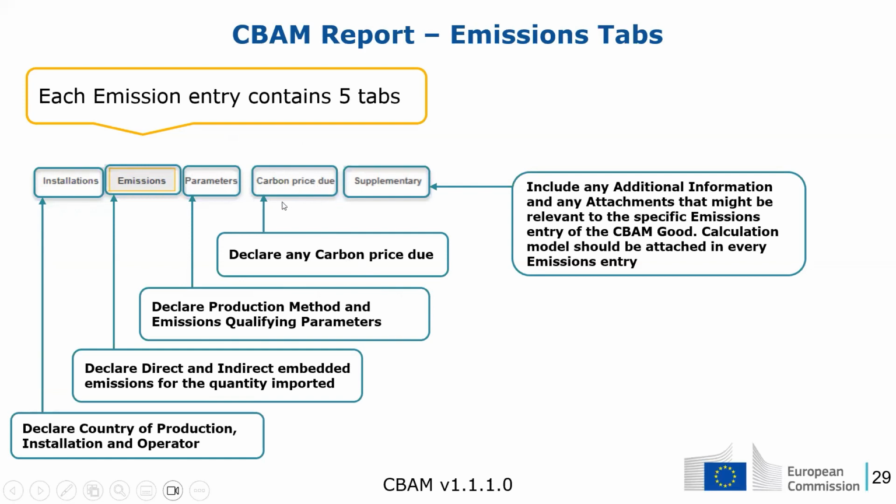The next tab is the carbon price due, to declare any carbon price due in a country abroad. And we also have a supplementary tab where we include any additional information, any attachments that might be relevant to the specific emissions entry of the CBAM good. For example, the calculation model for the emissions should be attached.